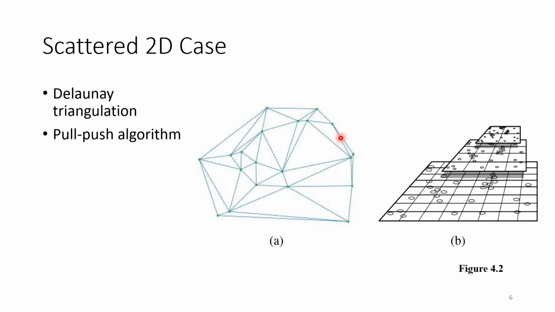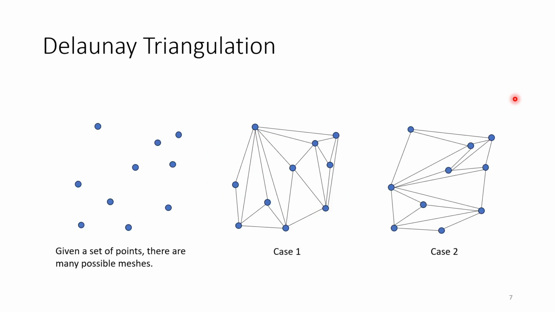For case A, there is a solution called the Delaunay triangulation. For the second one, there is a solution called the pull-push algorithm. So let's see what the Delaunay triangulation is.